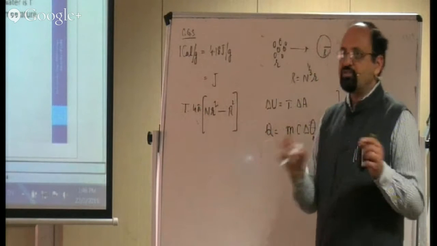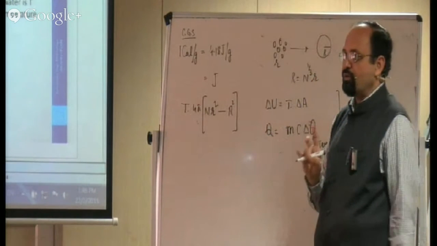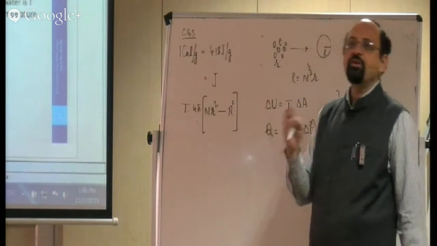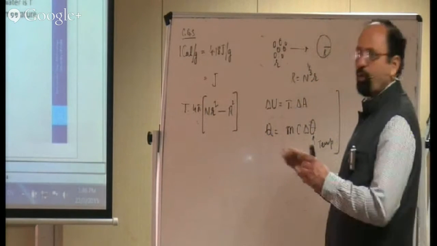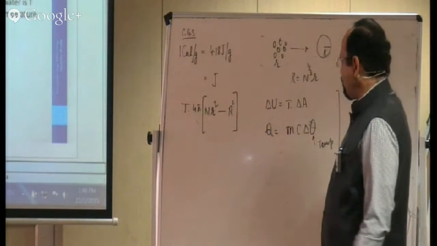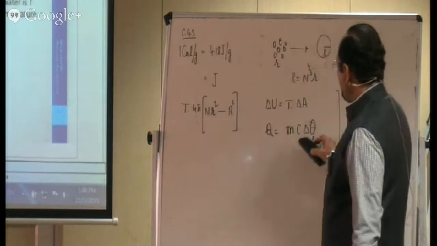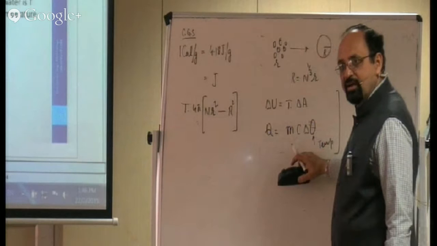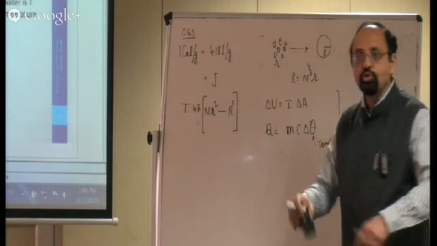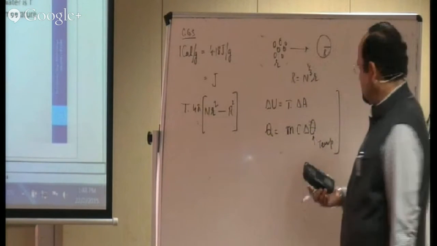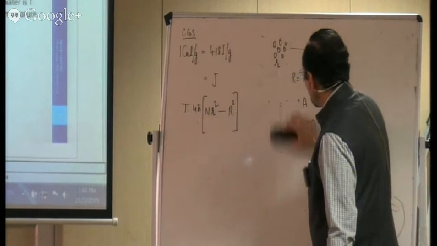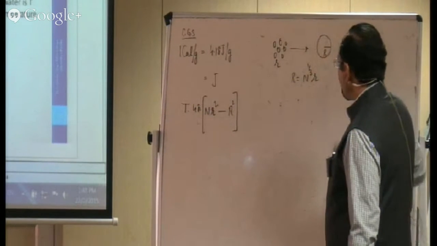If one of them is positive and one of them is negative, it is going to give you a wrong answer. How can a positive number be equal to a negative number? So we don't want to get involved in this type of thing. We are keeping everything positive. Then it must be equated to m c delta theta, because the whole energy is used up in heating this drop. So I'll write this equal to m c delta theta.